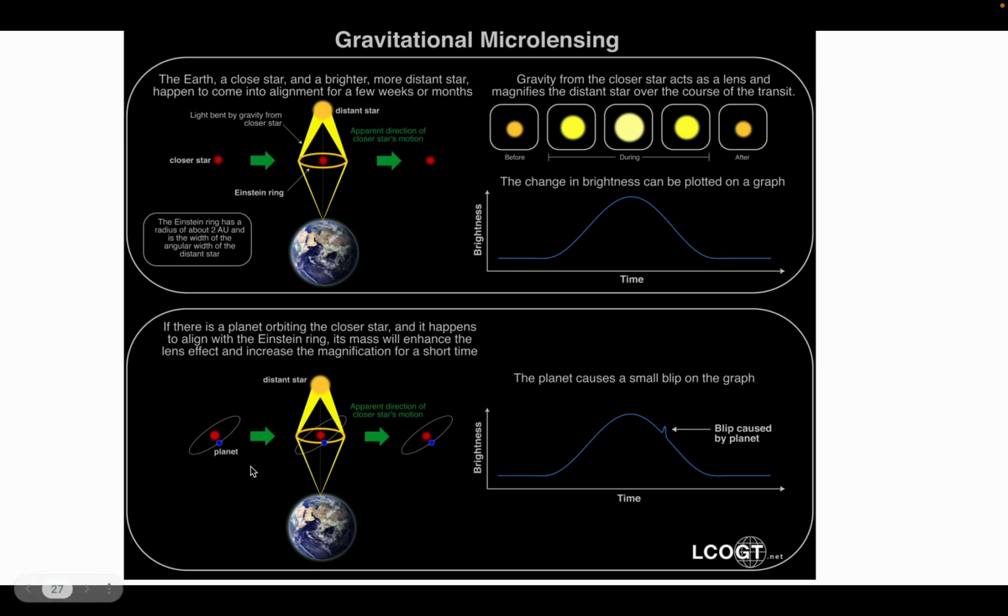Now if the nearer star contains a planet, then there will be additional mass. The light from the distant star will be bent due to the higher mass, so the planet will cause a small blip on this brightness-time graph.